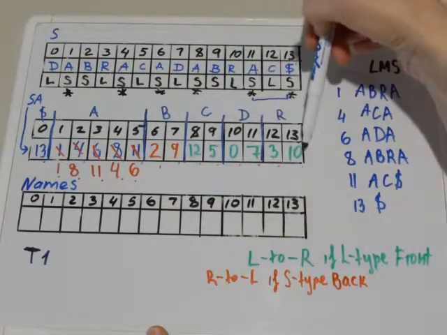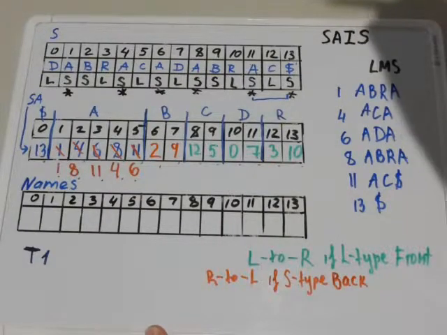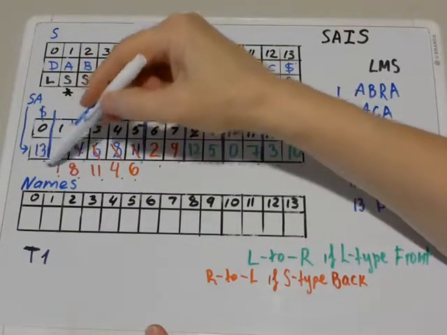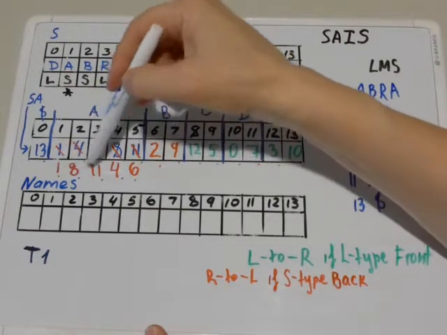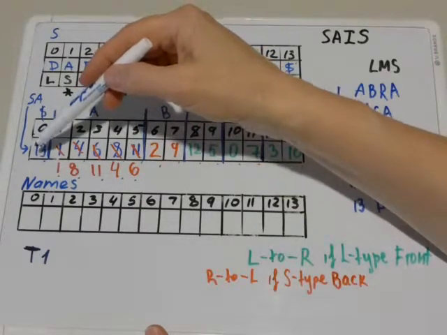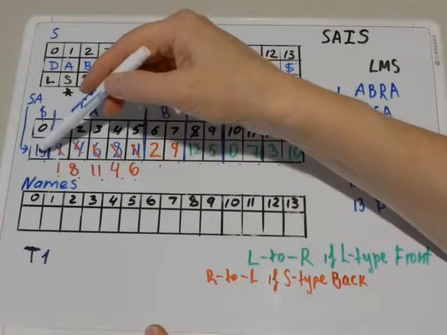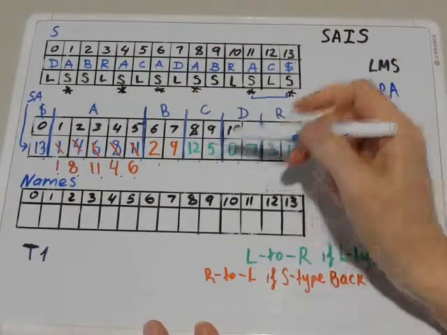Everything else is not a starting position of LMS substrings. So we need to scan from left to right in this order, because in this order they are already sorted alphabetically, and give consecutive integer names starting with 0 to all LMS substrings using this rule.